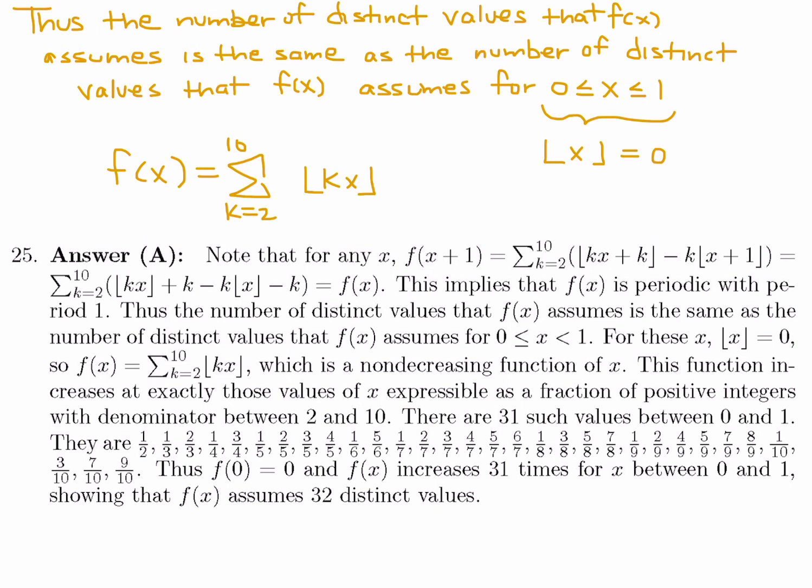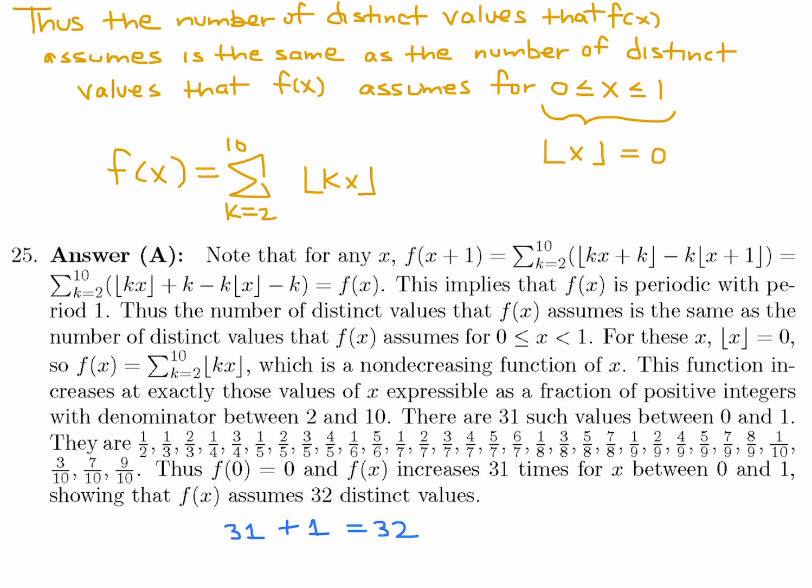And since k is going from 2 to 10, you'll be able to calculate that those fractions are these ones right here. And these are the distinct values. There's going to be some repeats, but the repeats have been taken out. And that totals 31. And then you also have to add one more value when x is 0. And therefore, that gives you 32 distinct values.